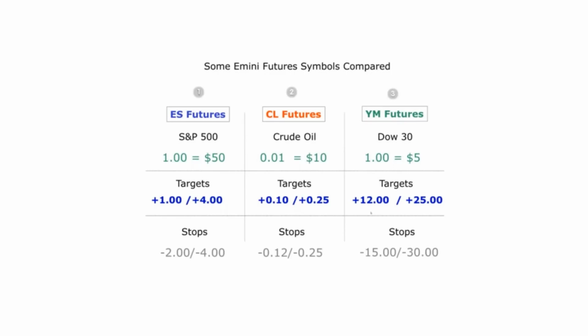A tick is just the smallest increment of price movement. With the ES futures, 1 point breaks down into 4 ticks, quarter points. Crude oil, every tick is just a penny. The Dow is just points. So that gives you an idea of what you can pick to trade.